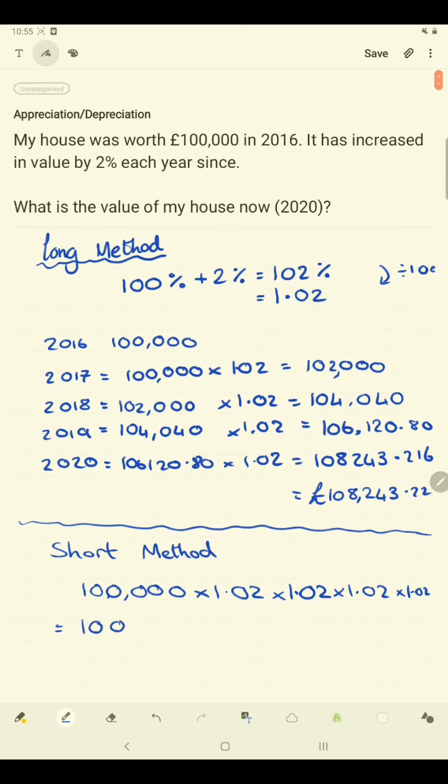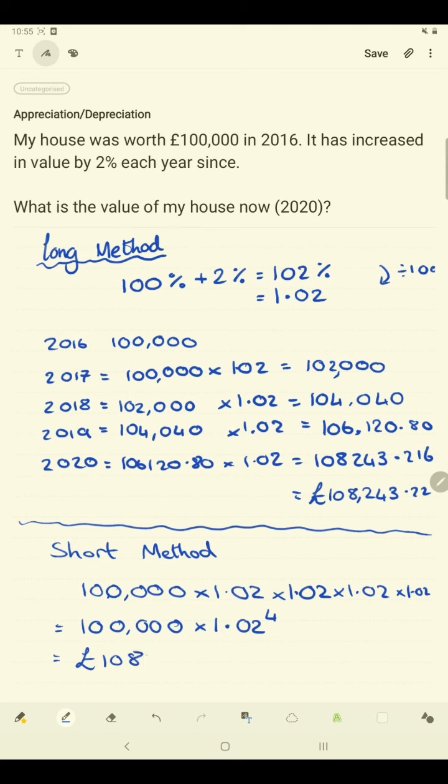And what we have instead is a power. 1, 2, 3, 4, to the power of 4. So this is how we find out quickly how much our house is valued at 4 years later.